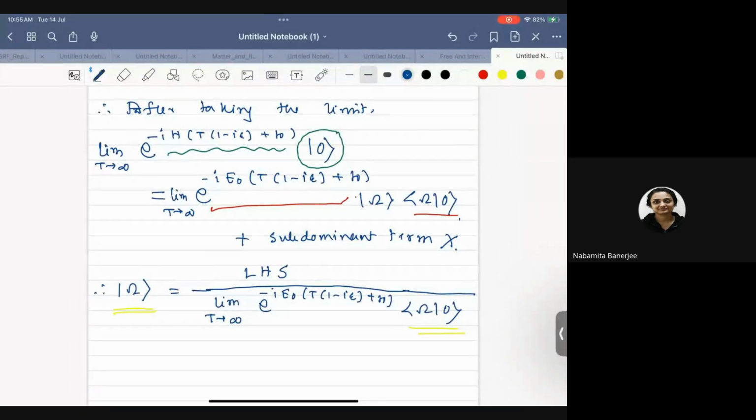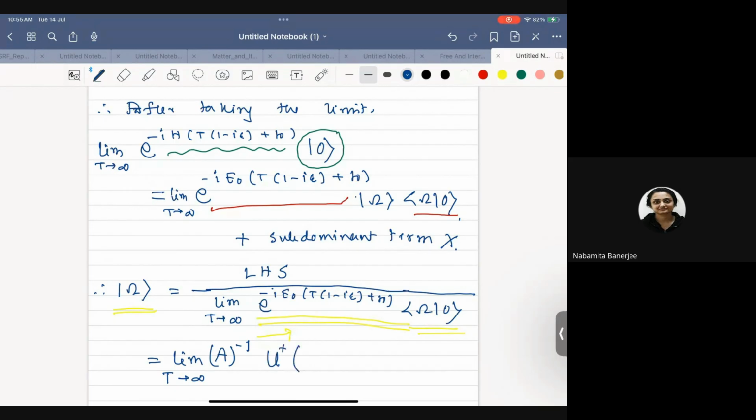Now, can I write it a bit better? Yes, you can. This is nothing but the limit, with all the definitions that we have given, A inverse, where A is this entire quantity, times U dagger.